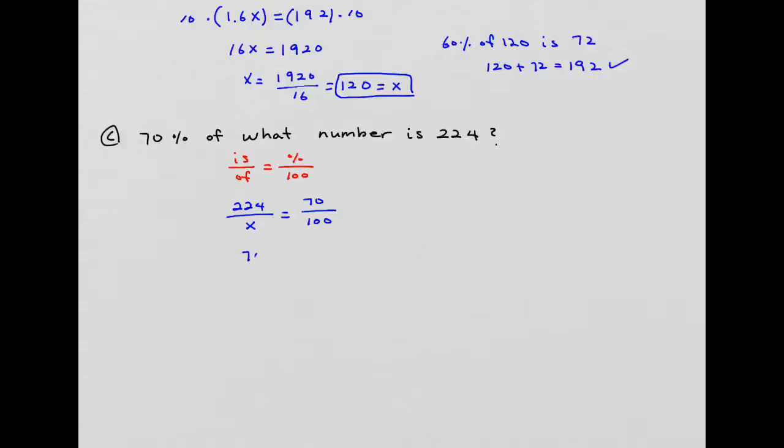So it will be 70 times x and 224 times 100. To solve for x, we divide both sides by 70. So your x is 22,400 divided by 70, which is 320.